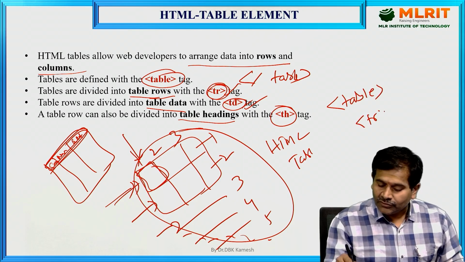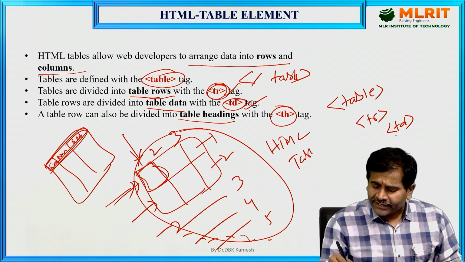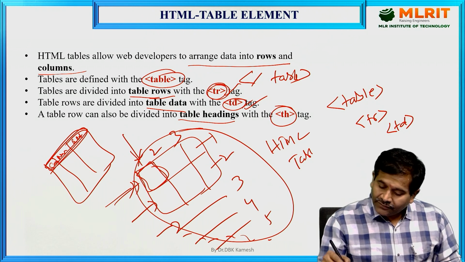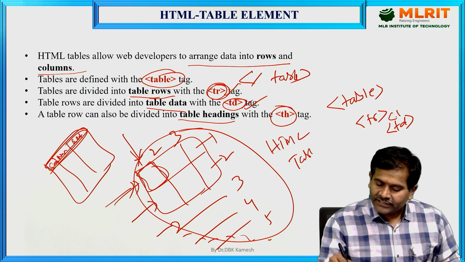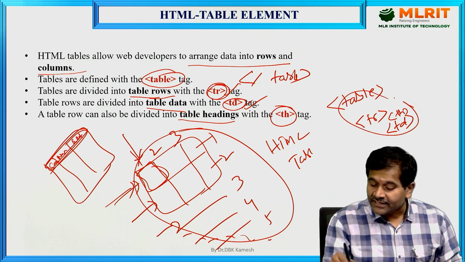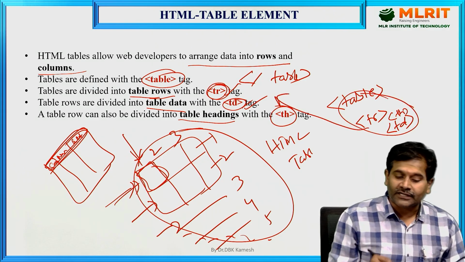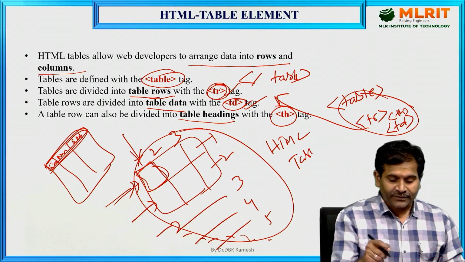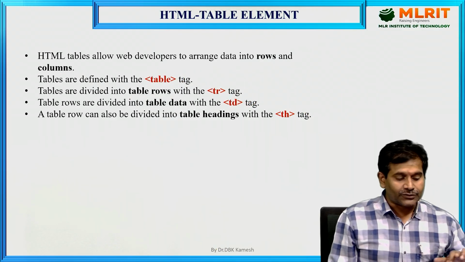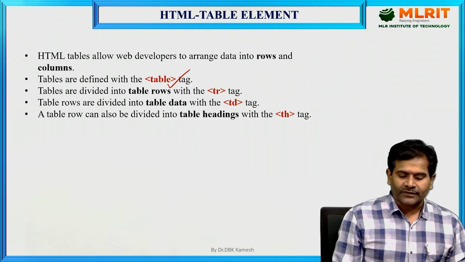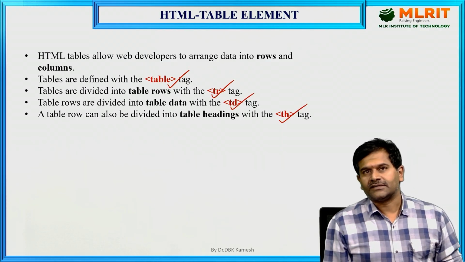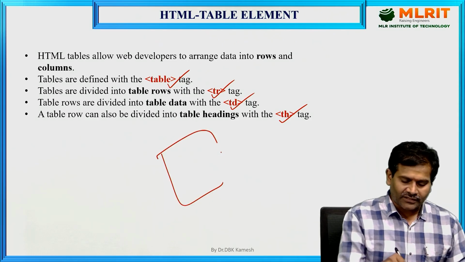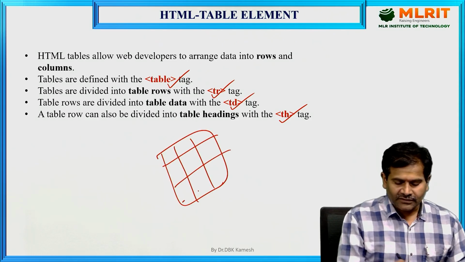Inside a table row, inside table data. And if you require the header, the table header, we write th. These are the tags required to write table elements: table rows, table data and table headings. These are the rows and columns, like this.